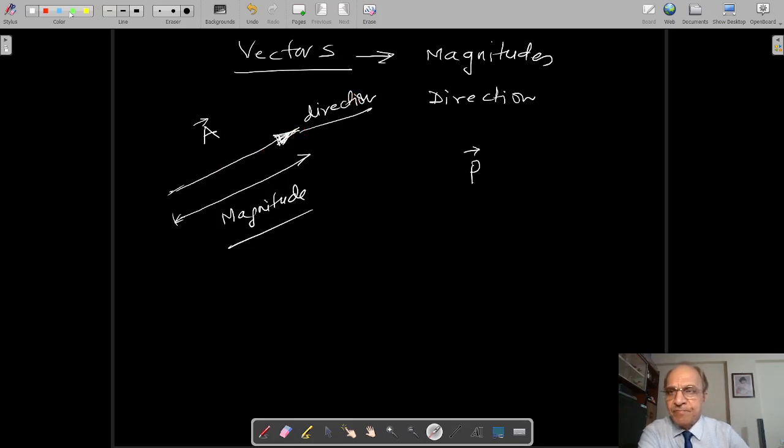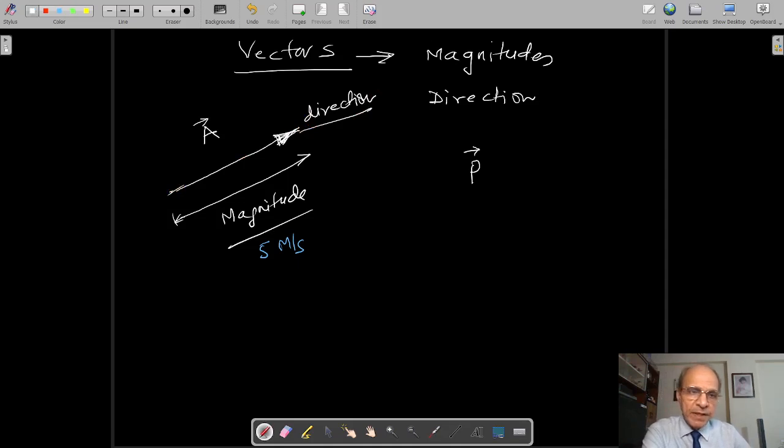Say it's a velocity. Say the length of this is, let us say, 5 on some scale, meter per second. That means this vector is representing a velocity in this direction.